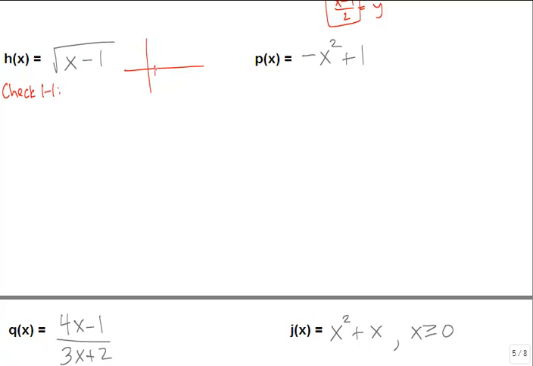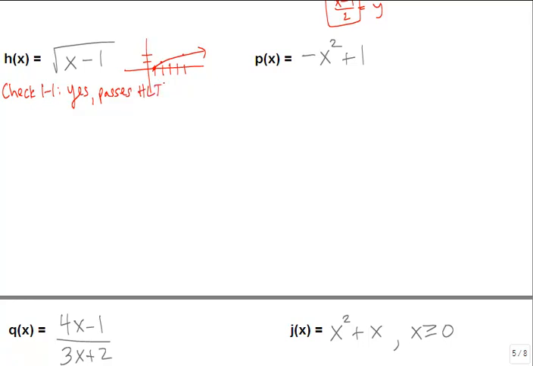So instead of starting at the origin, this is going to start at 1, 0. And then the pattern for a square root graph is to go up 1 over 1, up 1 over 3, and it has this slow arcing shape to it. So does this graph pass the horizontal line test? Yes.